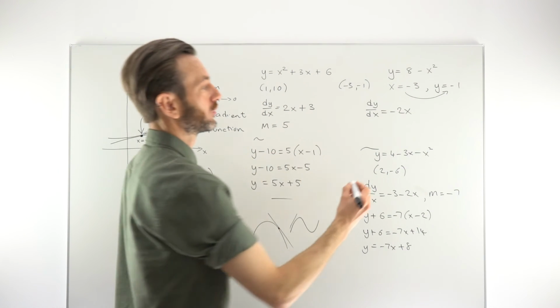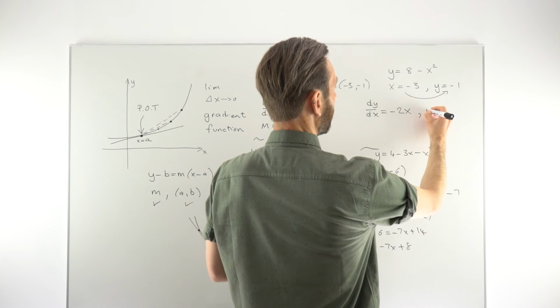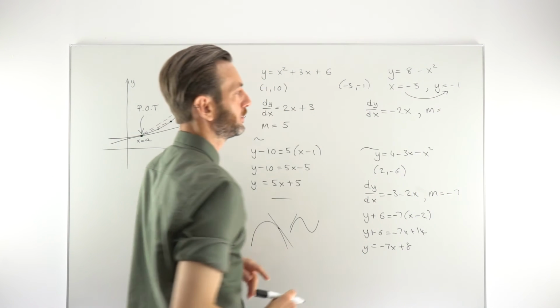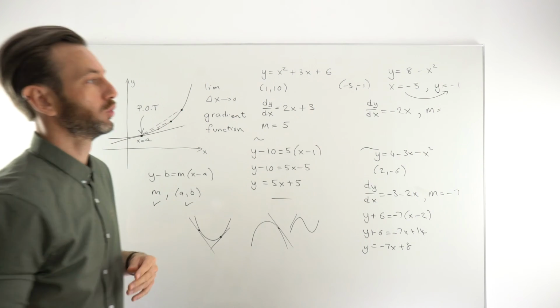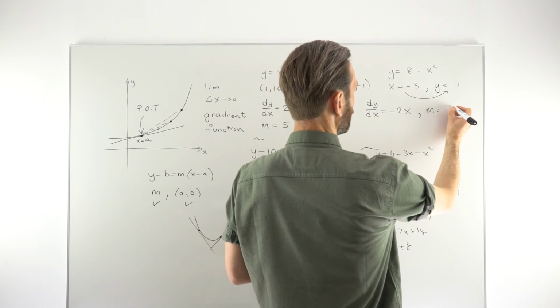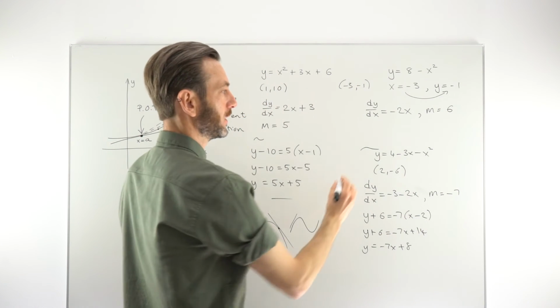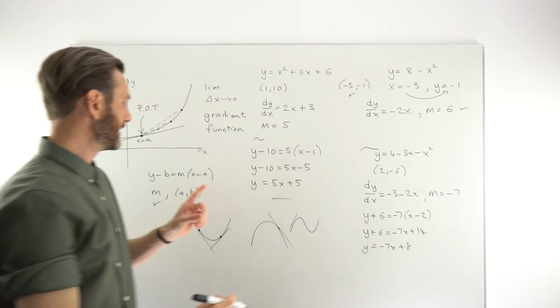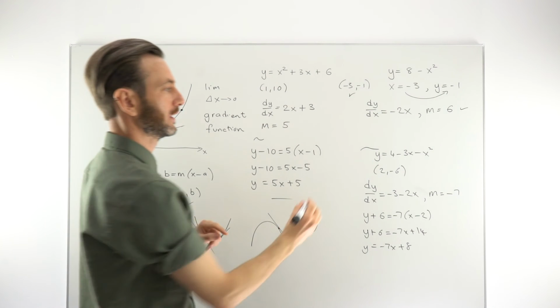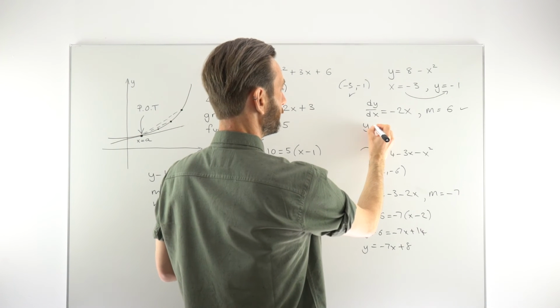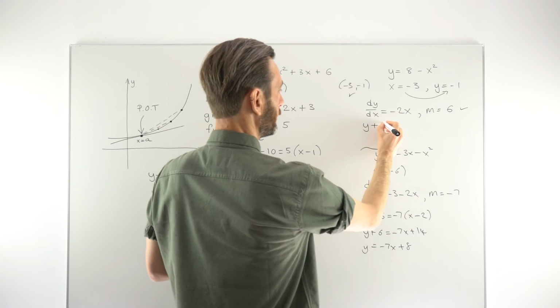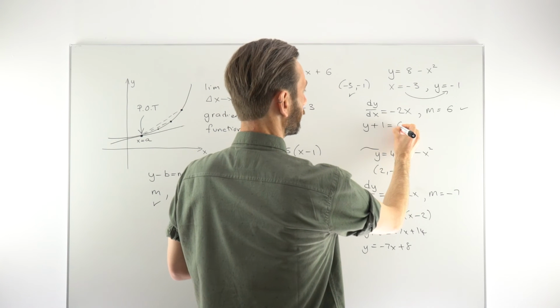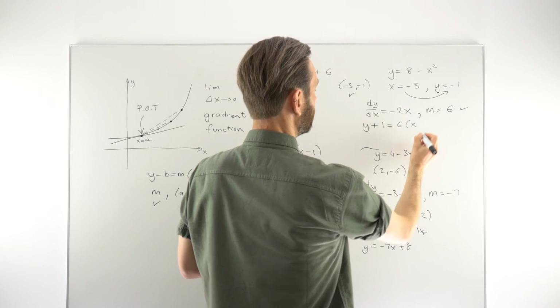So fairly straightforward derivative. We can turn that into a gradient just by subbing in the x value of the point of tangency, which is -3. So -2 times -3, double negative, gives you +6. Then we just need to put all the information, the gradient and the point of tangency, into the formula for a straight line. So we get y minus b, so that's y minus -1, which is y plus 1 equals gradient 6 times x minus a.